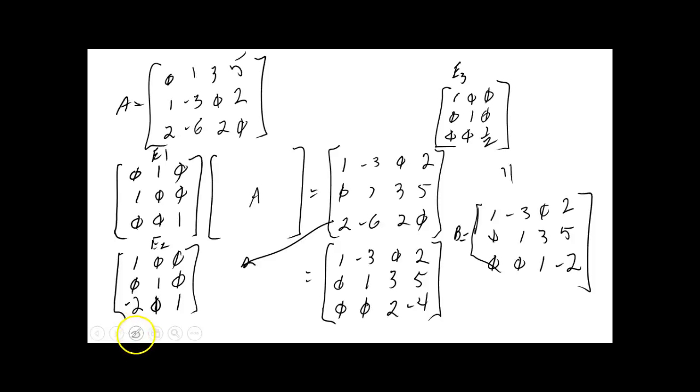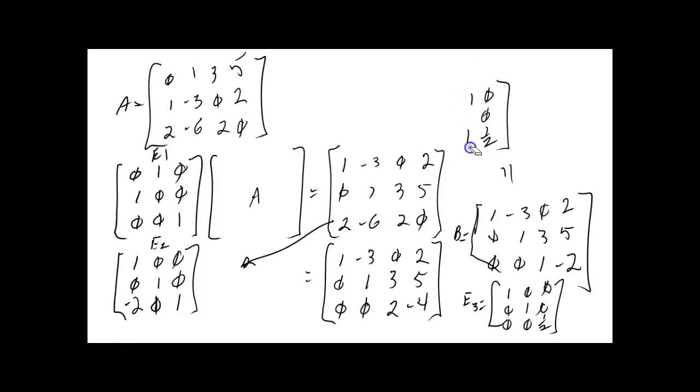I wish I had my old program that would work so much better than this one. But here's what I'm going to do. I'm going to write E3 down here, because I want the space up there. Now here's what we just did, if you think about it.